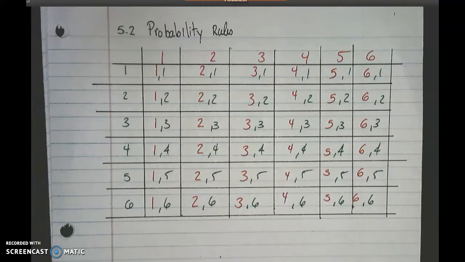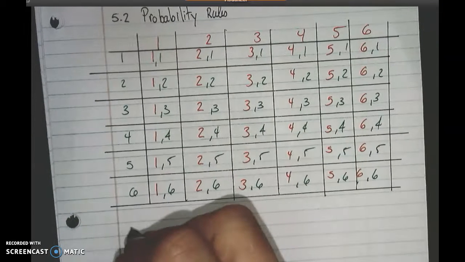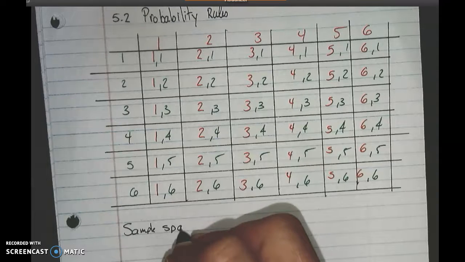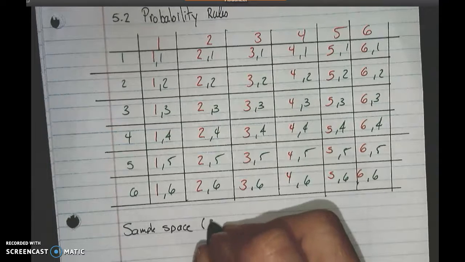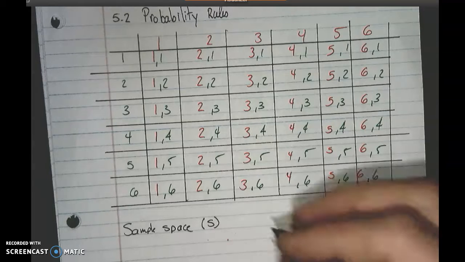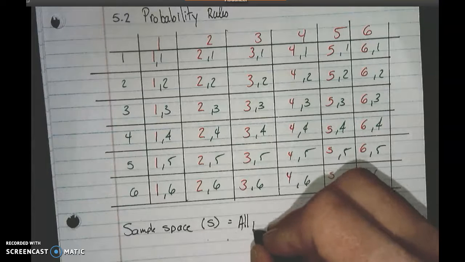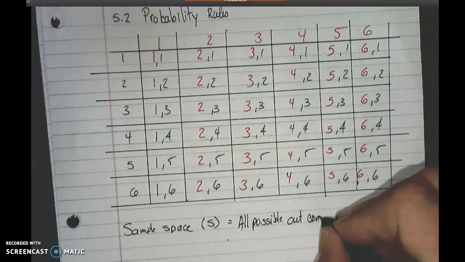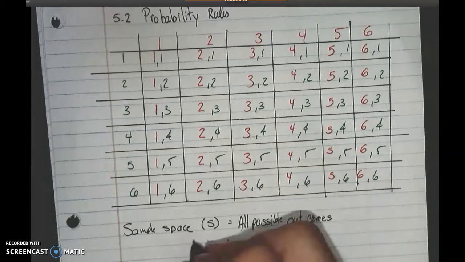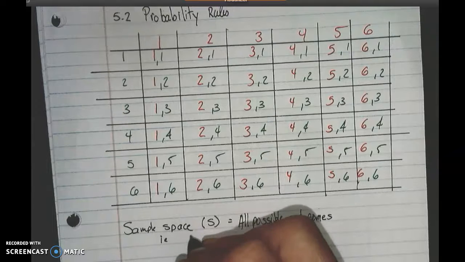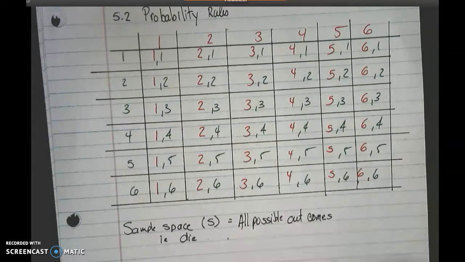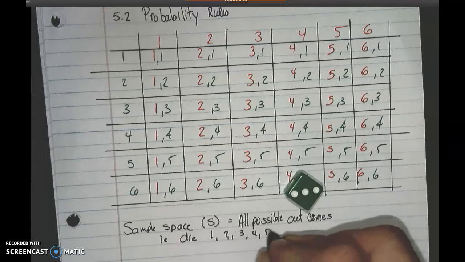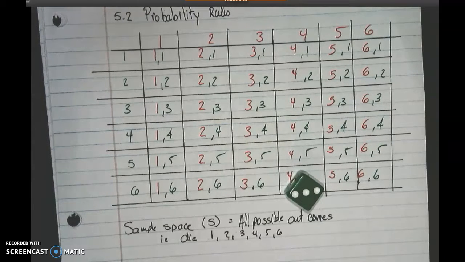All right, so now here's the first thing we need to know. This is called a sample space, and we denote it with a big capital S. This is all possible outcomes. So if I had just a die, my possible outcomes are going to be 1, 2, 3, 4, 5, and 6. That's it, right?